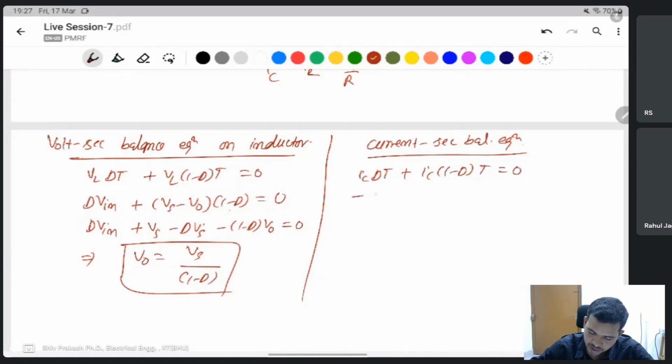Now this one is minus V naught by R into D plus this one is IL minus V naught by R into 1 minus D equal to 0.